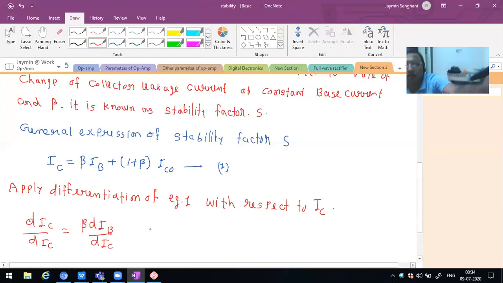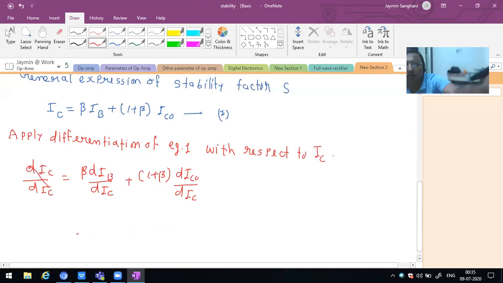plus (1 plus beta) dICO divided by dIC. So here, the left side becomes 1, equal to beta dIB by dIC plus (1 plus beta) dICO by dIC.